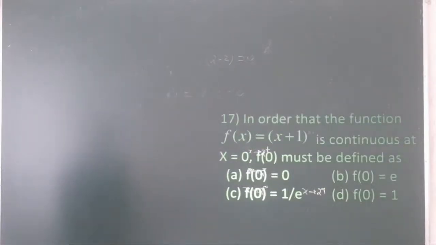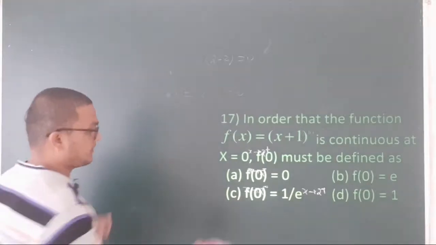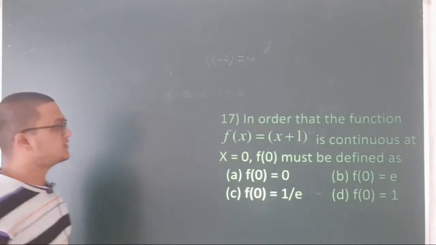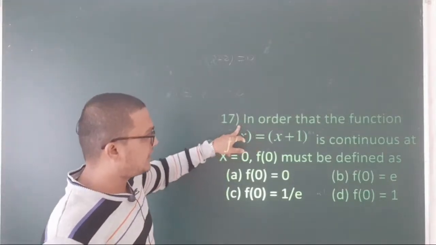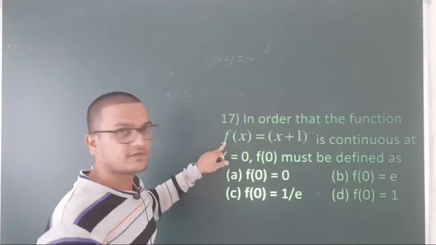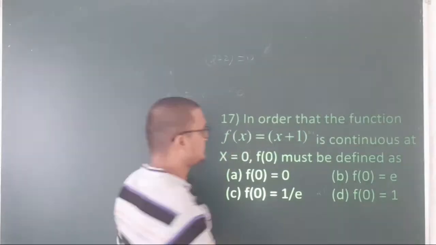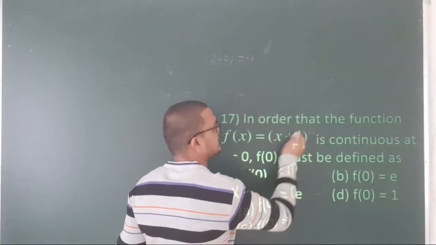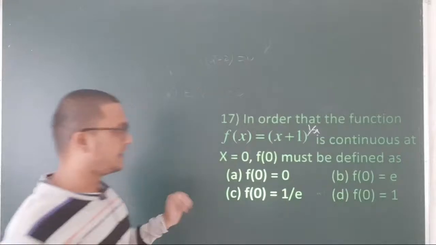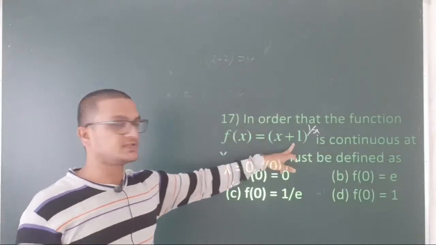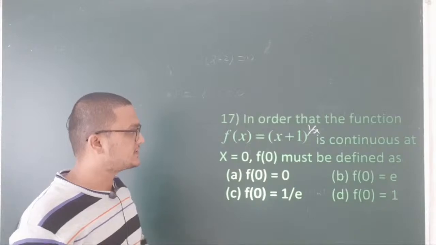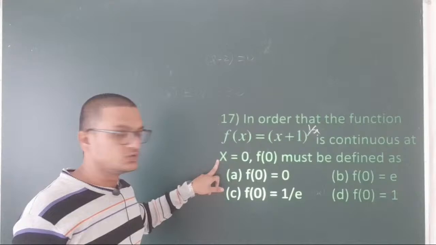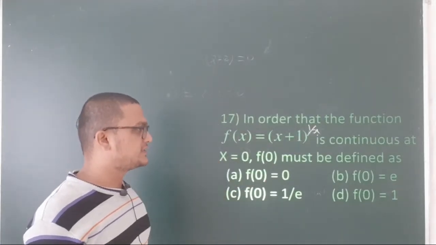Okay, next question. In order that the function f of x is equal to x plus 1 to the power 1 by x is continuous at x is equal to 0, then f of 0 must be defined as.